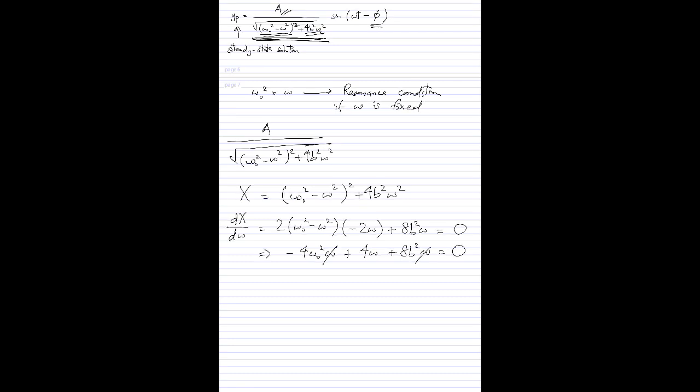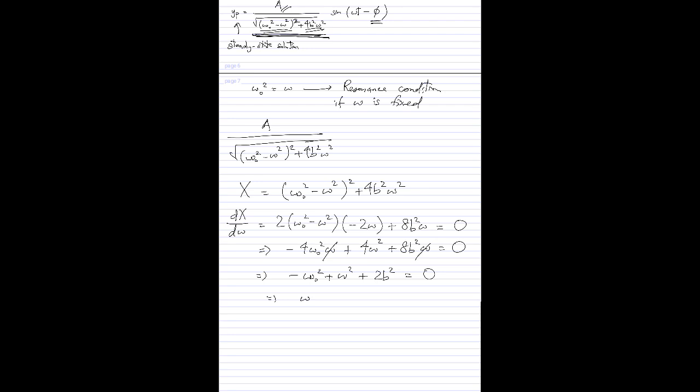Then I can remove omega equals 0, so this goes away and this becomes a square, and then I can divide by 4, so I'll have minus omega naught square plus omega square plus 2 b square is equal to 0.